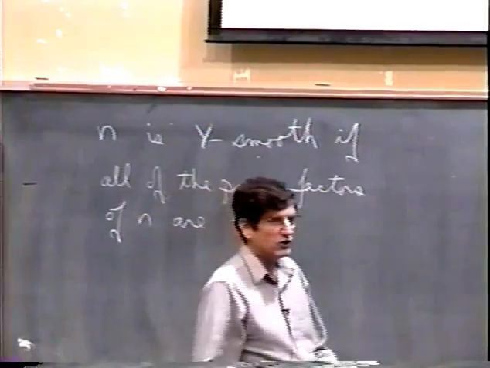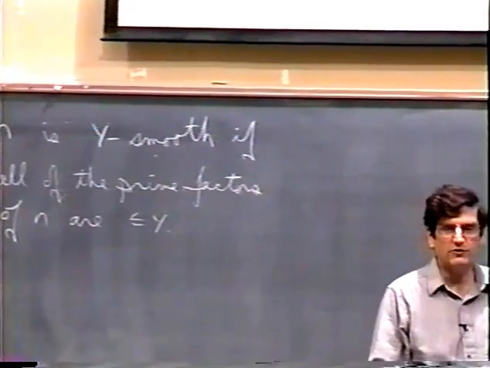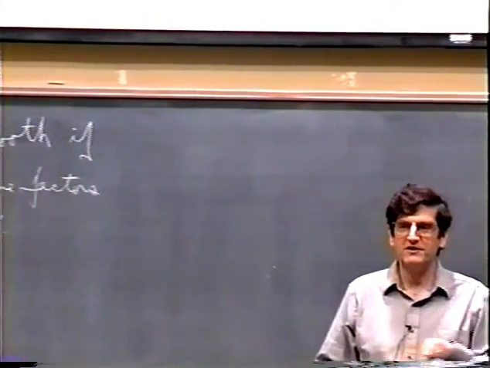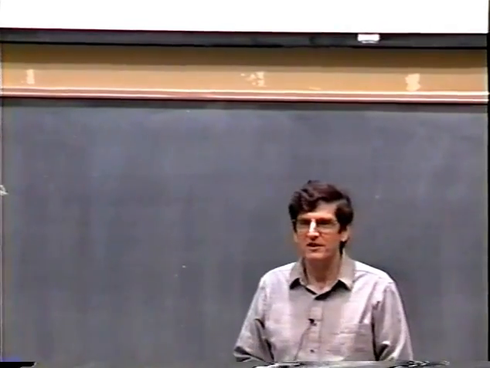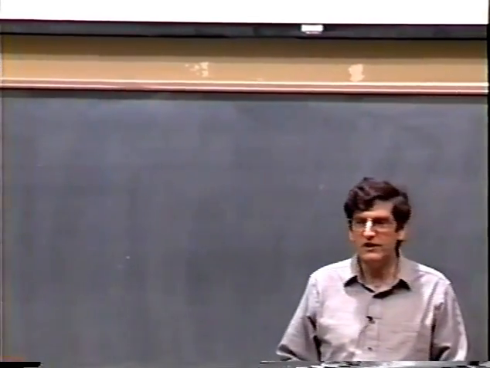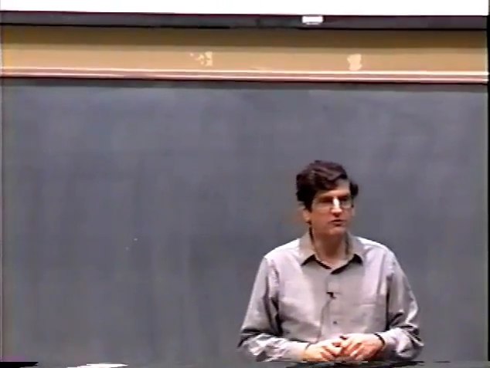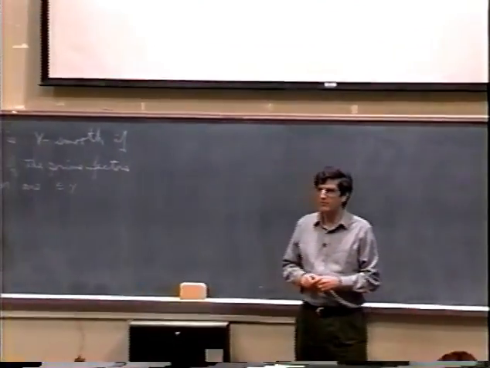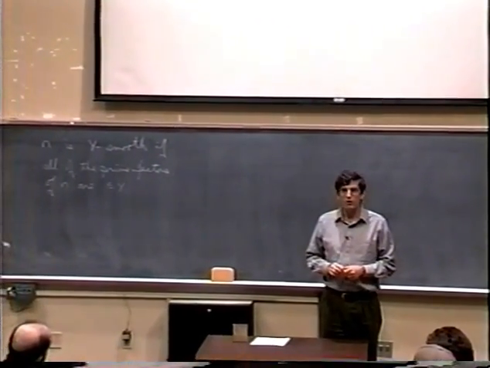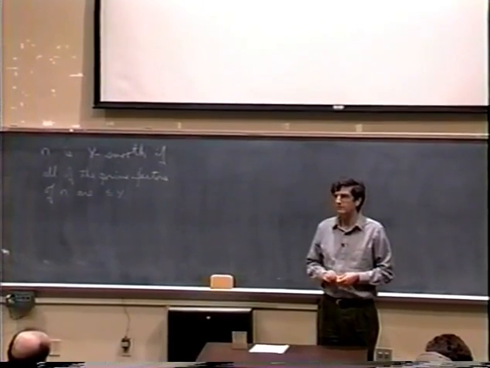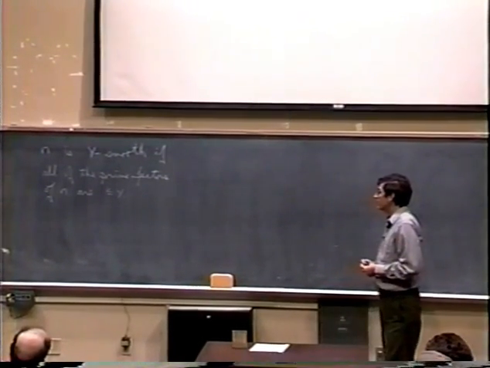So for example, if you were to look at a 2-smooth number, not TOO, but TWO, smooth number, it would be essentially a power of 2. Nothing more than that. And if you looked at a 3-smooth number, you'd be looking at a number that's either a power of 2 or a power of 2 times a power of 3. And so on.